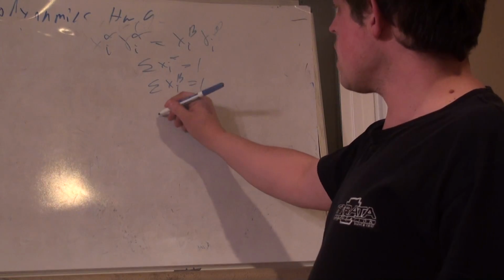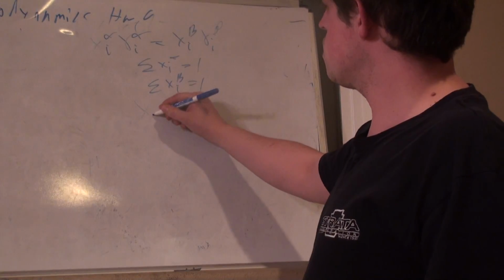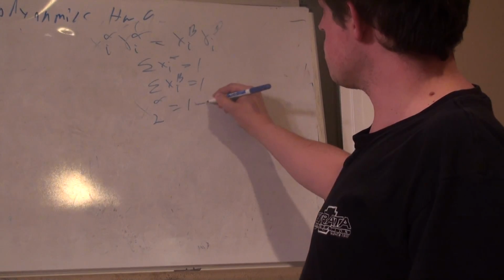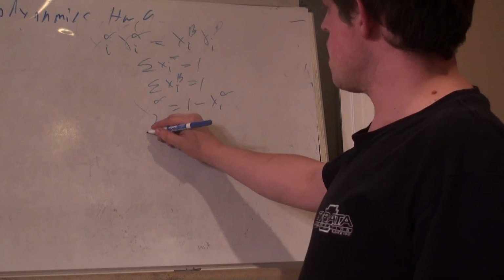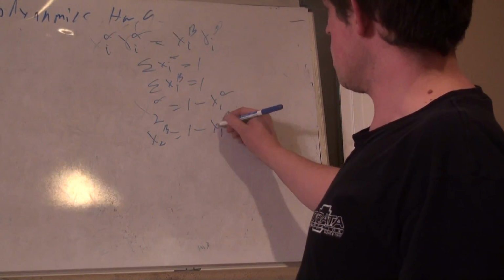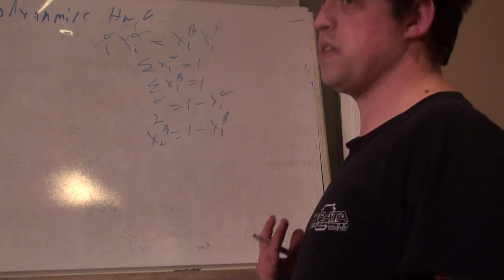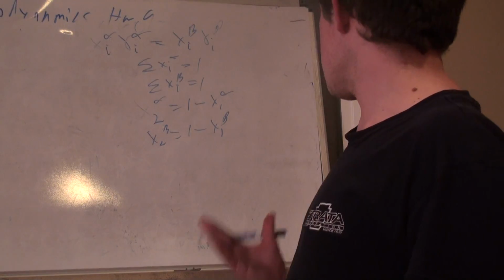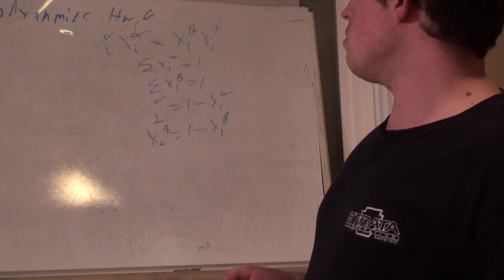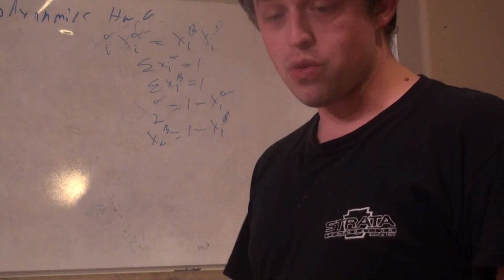So x2 alpha is equal to 1 minus x1 alpha, and x2 beta is equal to 1 minus x1 beta. I plug those into my model. Now in this case it's 3-suffix Margules, but it doesn't really matter what model it is. Let's treat this as if it was 2-suffix Margules, and I'll let you do the math on 3-suffix if you want to see how it works.